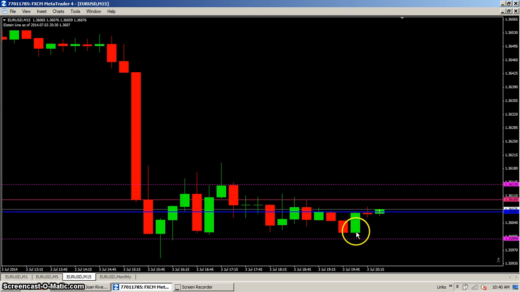So let's just say if we went back a couple of bars and we saw this price turn and we jumped on it, now we can stay in the trade until it turns against us, or we can stay in the trade until it comes back down here to turn against us.